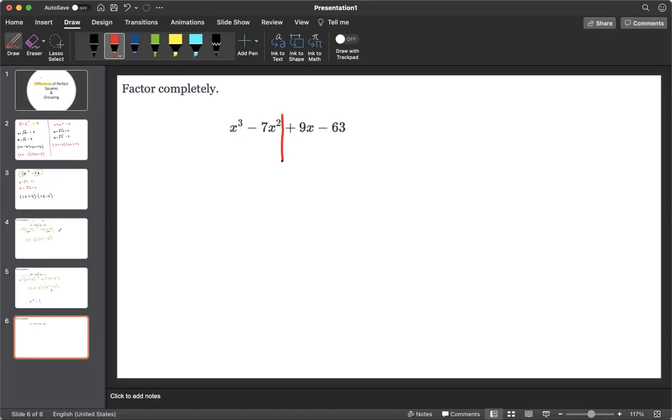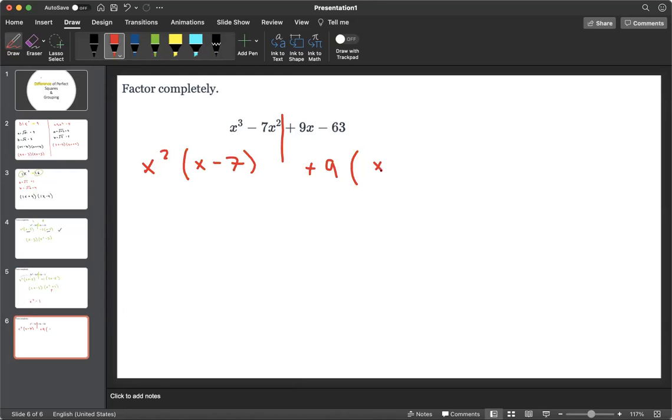Over here, we draw our line. On the left side, our GCF is x squared, so we are left with x minus 7. On our right side, see this plus. That means we have to take out a plus. Then for 9x and 63, the GCF is 9.